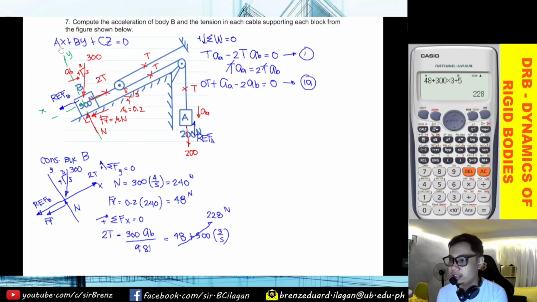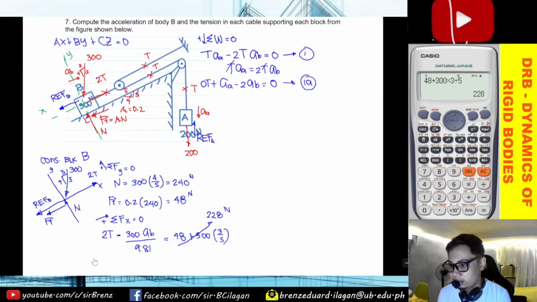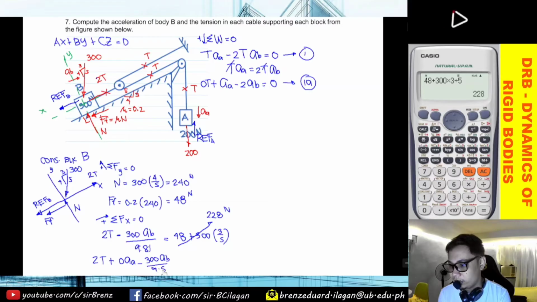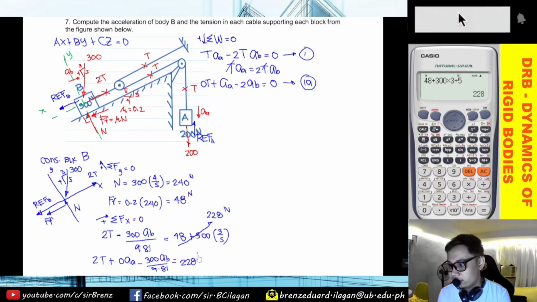Pwede pa nating ayusin to. So 2t plus, wala naman siyang acceleration ni A, so magiging 0 acceleration ni A. So minus 300 A sub B over 9.81 is equals to 228. Ayan, so inayos ko na yung equation para mamaya diretso tayo sa calculator.